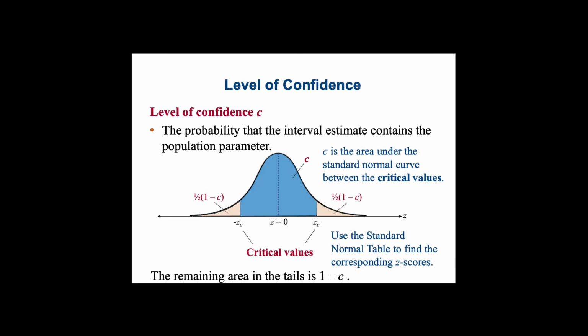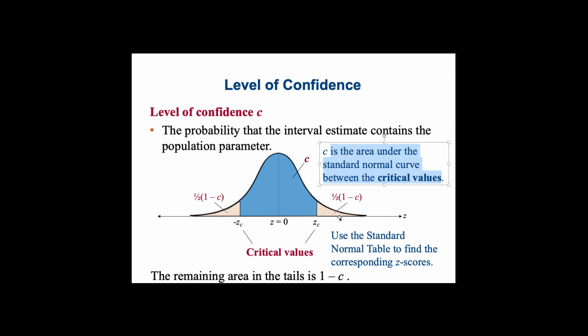We know that if we have a normal distribution, the probability that the interval estimate contains the population parameter is based on a normal random variable. So C is the area under the standard normal curve between the critical values negative ZC and ZC, and we basically want the total area to equal 1.